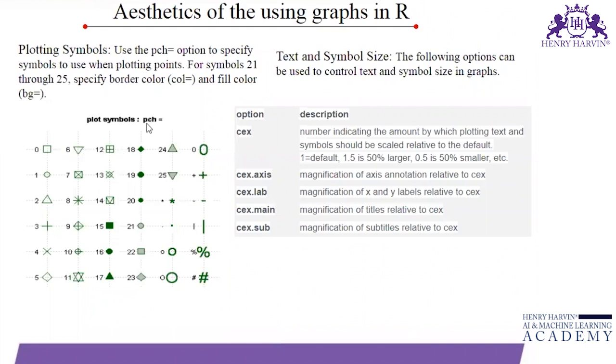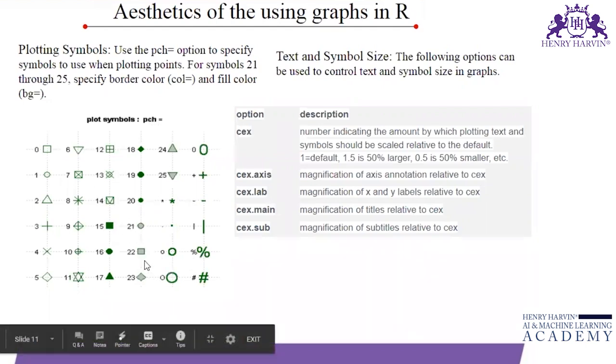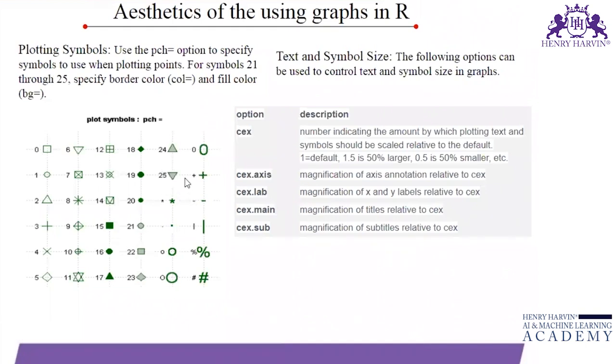You can type pch equal to the number of that symbol. If I want to take a big circle, it is 21 here. If you want a square sign, it is 22, and for a downward arrow it is 25. Similarly you can take different types of symbols.